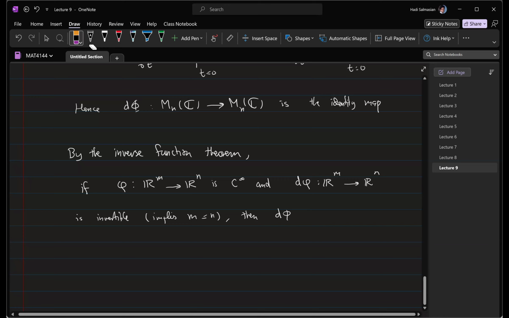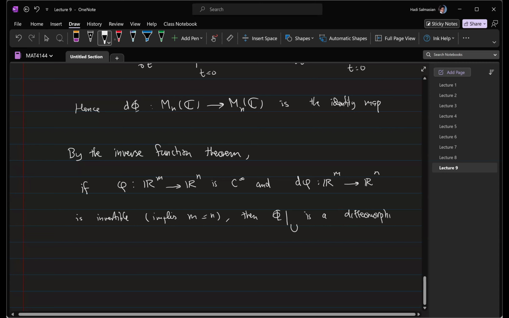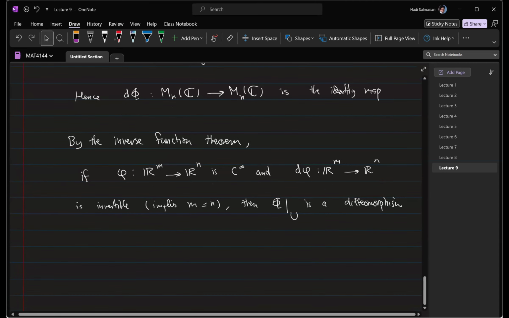phi restricted to U is a homeomorphism, is a diffeomorphism, maybe I should say. So it's even a homeomorphism, but of course a diffeomorphism, from U onto phi(U), for U sufficiently small. Maybe I should say the derivative at 0. I mean, I have to fix my point. I can fix any point.